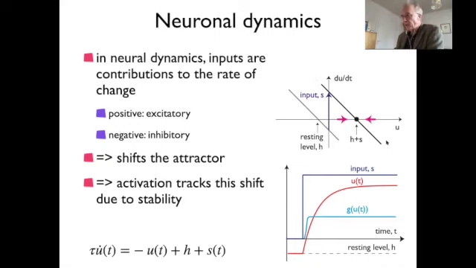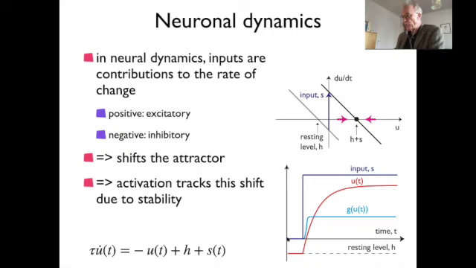So that amounts to just shifting the attractor, right? If this is your attractor, now it's been shifted to the right. And to the right here means to a positive level of activation. You can easily compute that attractor analytically by saying, okay, where is the fixed point? u dot equals 0, put the u to the other side, then u equals h plus s, right? So this is at h plus s. So here I'm showing the consequences of that for the activation state.